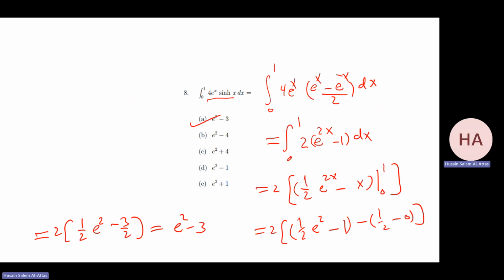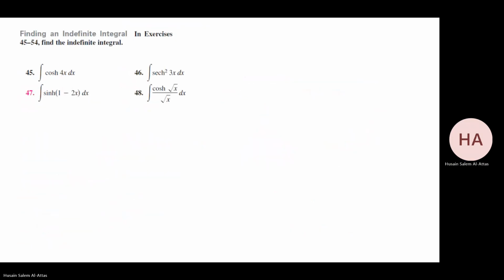Okay. Now we'll try to do all of these problems from the book. Yeah, let me do it quickly. Let's do it quickly. 45. Integral of cosine hyperbolic 4x dx. This is 1 over 4 sine hyperbolic 4x plus c. You can do it quickly or you can do it by substitution.